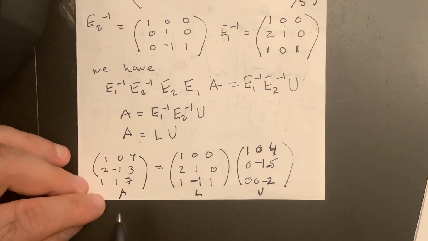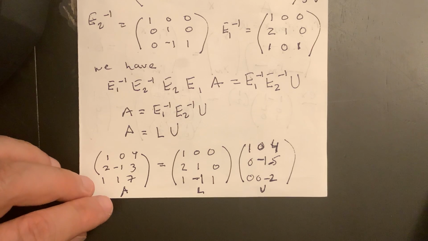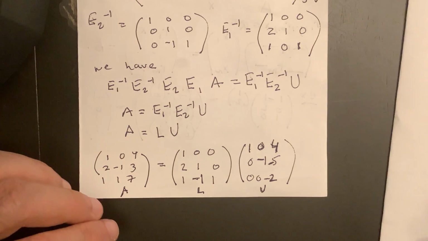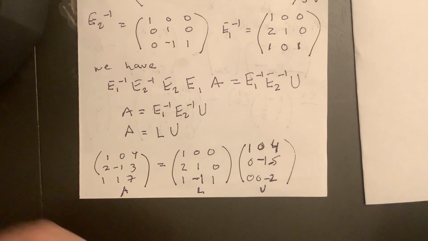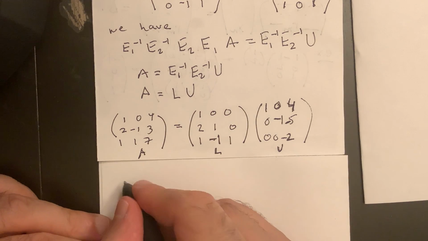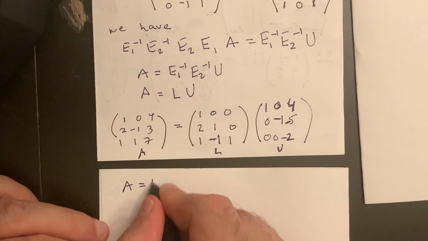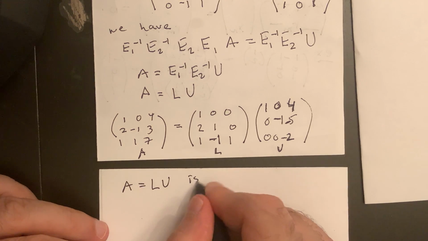So this decomposition is unique, in fact, and is useful. So let's see how we can use it, and then we'll do another one for practice. So A equals LU is useful. So let's write these down. A equals LU is unique.